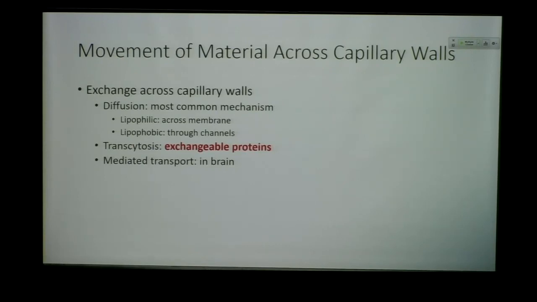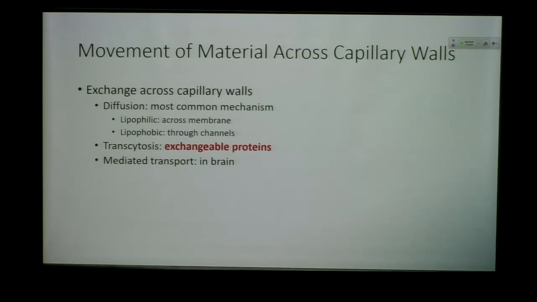There was the ICF, then the ECF, and the ECF had two further divisions, the plasma, which is inside the vessel, and the interstitial fluid, which is everything else, around the tissues and around the cells. The free flow of fluid from the capillaries into the interstitial fluid helps to balance out our ECF compartment.